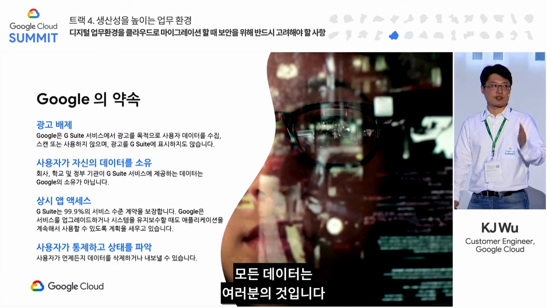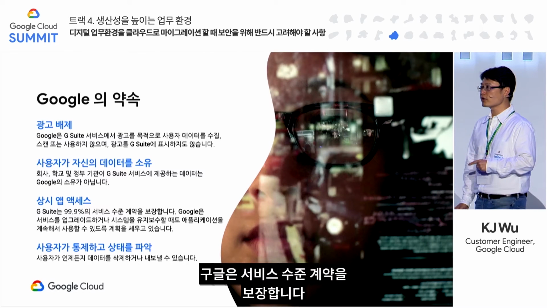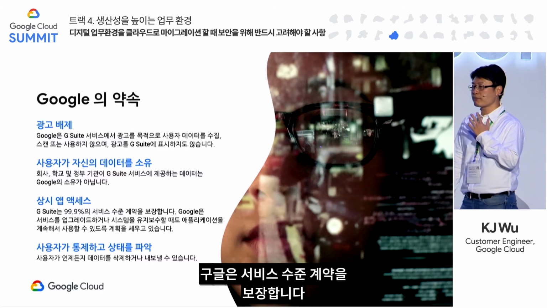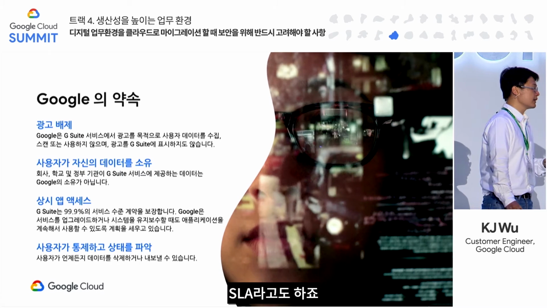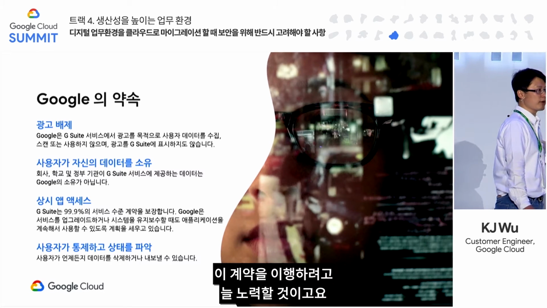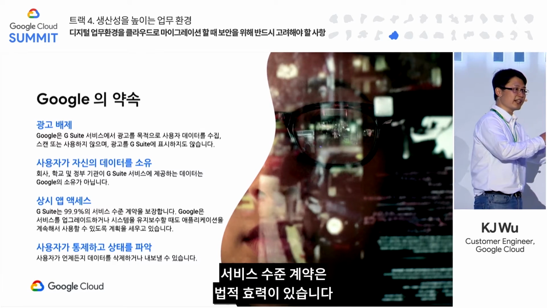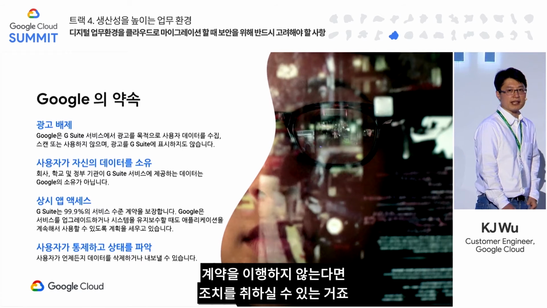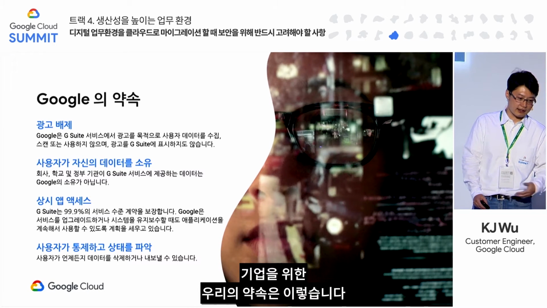Because G Suite is targeted for enterprise usage, all data is yours. Next, we also provide you a service level agreement, we call it SLA. What does that mean? It's a legal bond. If we don't meet it, we have to do something for you. So that's our commitment to enterprise.